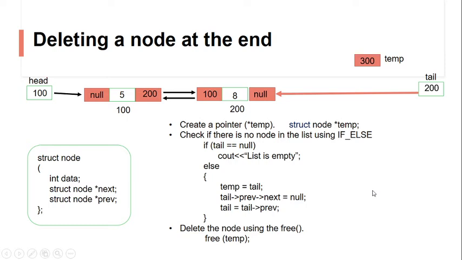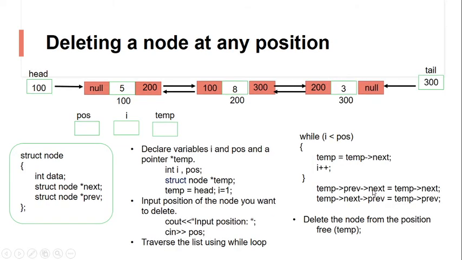Now for deleting a node at any position, currently I have 3 nodes in the list, in which of course we have to enter the position. Right here in the code, input position, a variable pos.